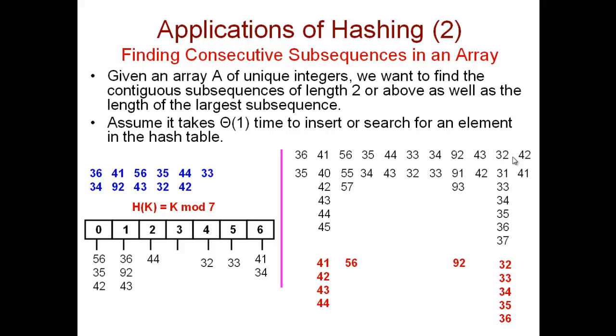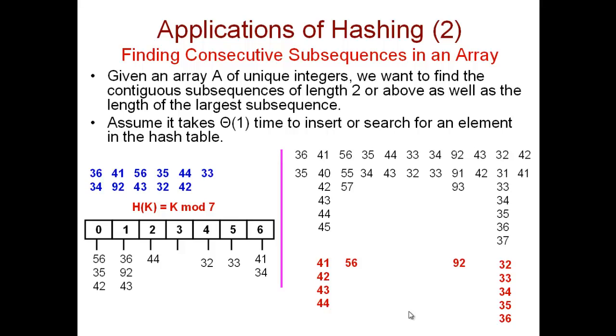If 35 is part of this array, then 36 will not be the first element of such a subsequence. If 35 is the first element of a subsequence, it will be 35 followed by 36, and so on if 37 is also there.